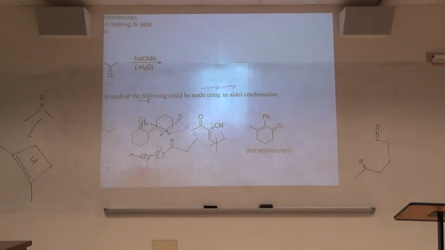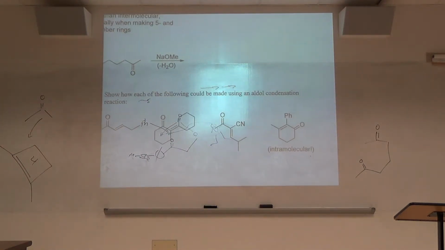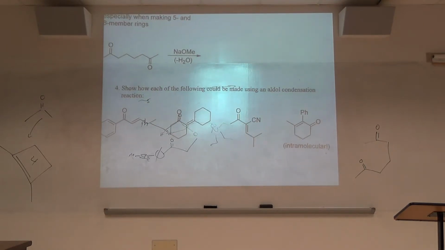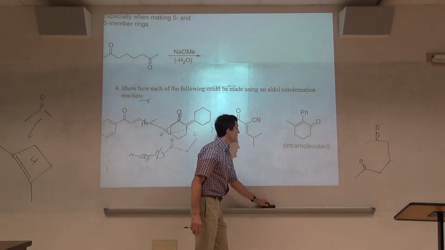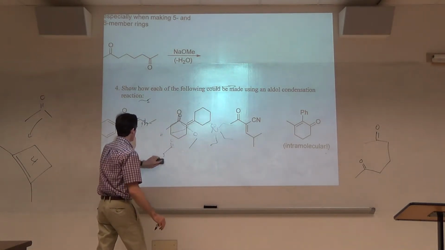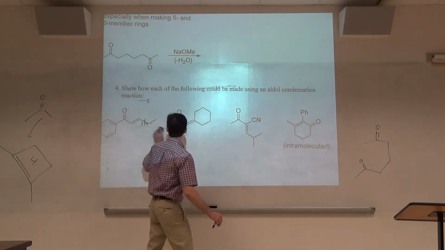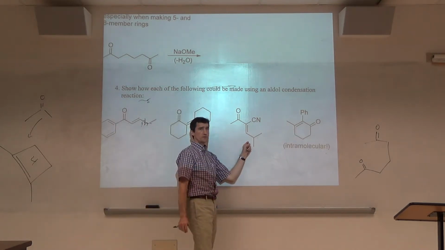Okay, I've already kind of taken us through some going backwards. Show the starting materials for making these. You guys on the left over here, show the two starting materials to make this by an aldol reaction.